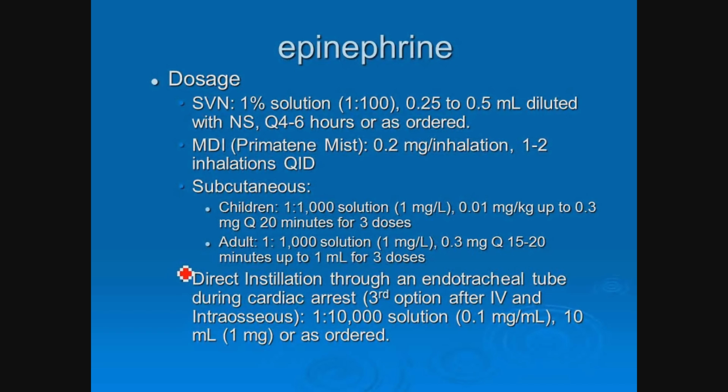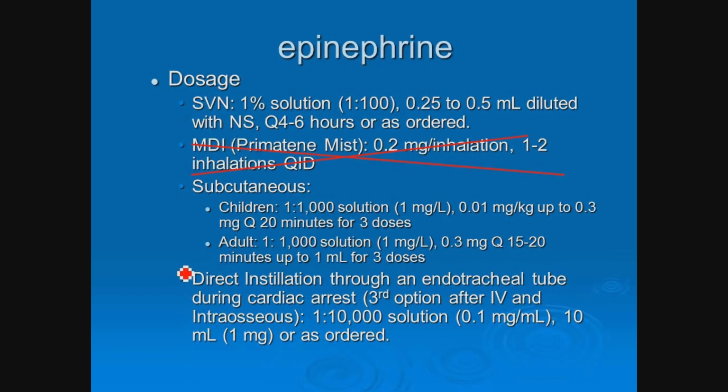We're not required to know the dosages, but I will just tell you that it's typically a 1% solution that is utilized. And it's diluted with some normal saline. Primatene Mist has been crossed out, but again, I would not be surprised if that comes back on the market at some point in time. And you don't need to know the subcutaneous, but if you'll notice, it is a different concentration that is utilized.